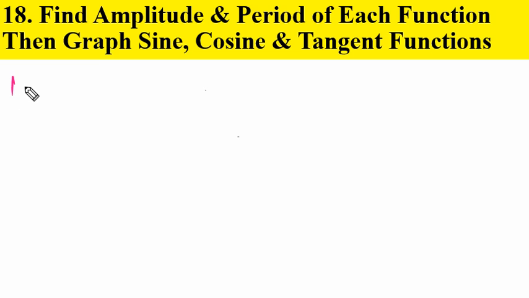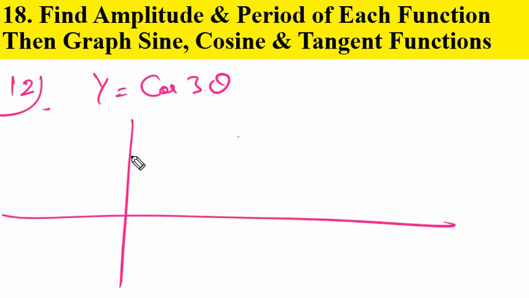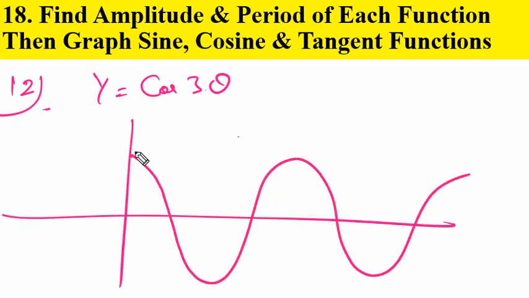Let me take question number 12. Y is equal cos 3 theta. Now here the amplitude is 1. So the graph will start from somewhere this point. So this amplitude is 1. First thing you will do, you will check the amplitude, plus 1 to negative 1. And then you will check the period.